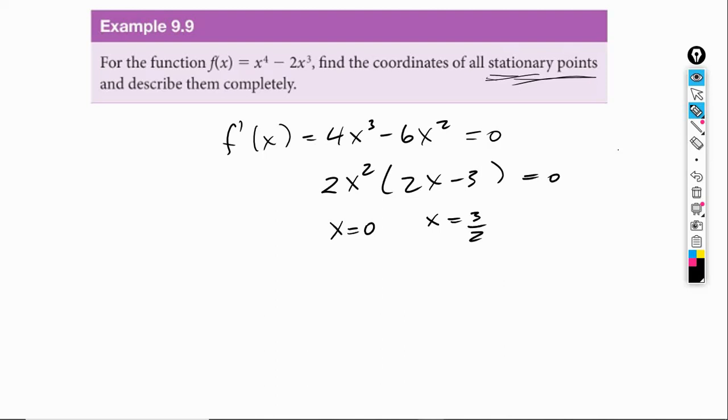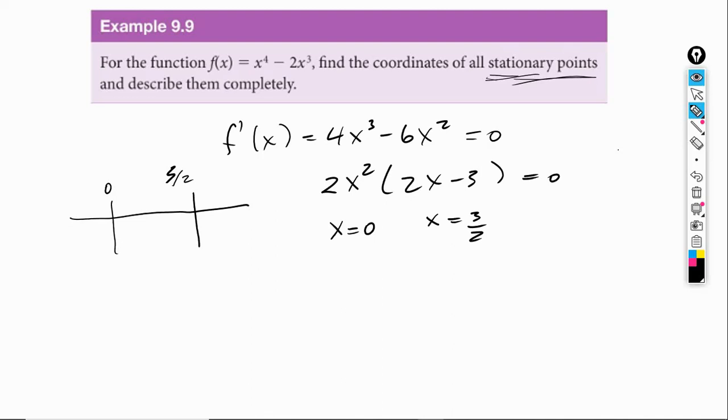Now what we have to find out is if they are points of inflection, maximum or minimum. For that, we can use a sign chart. So we can draw a line like this and then just put 0 here and put 3/2. And because they don't talk about a domain, it means the domain is all real numbers.